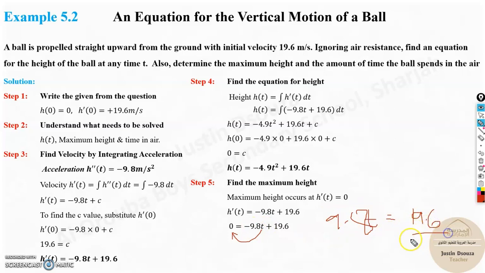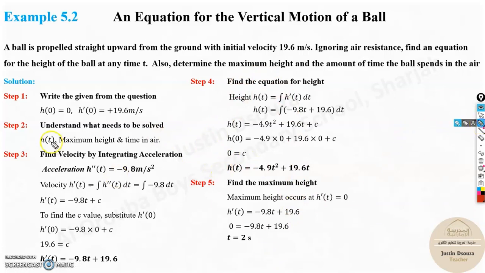Sorry for the handwriting. Divide by 9.8 on both sides, and you will get the t value. So it's basically 19.6 divided by 9.8, that is 2. You can check it on the calculator. It'll be positive because this goes to the other side, both will be positive. So at time 2 seconds, you will have the maximum height.